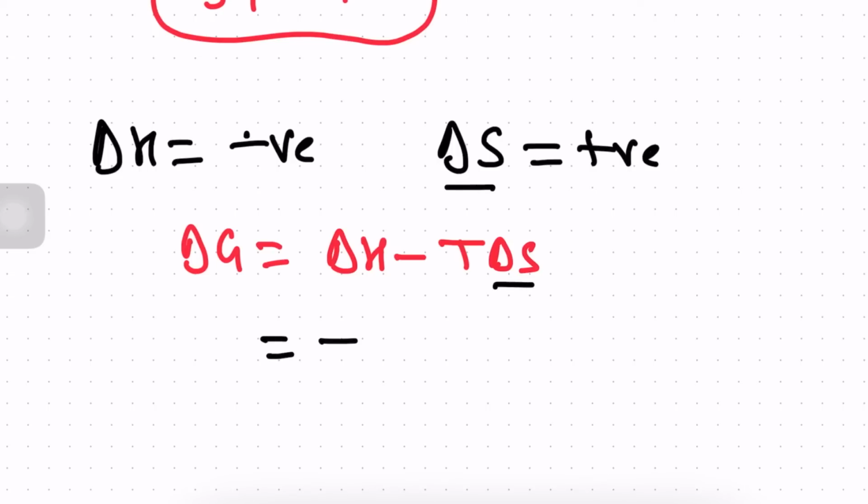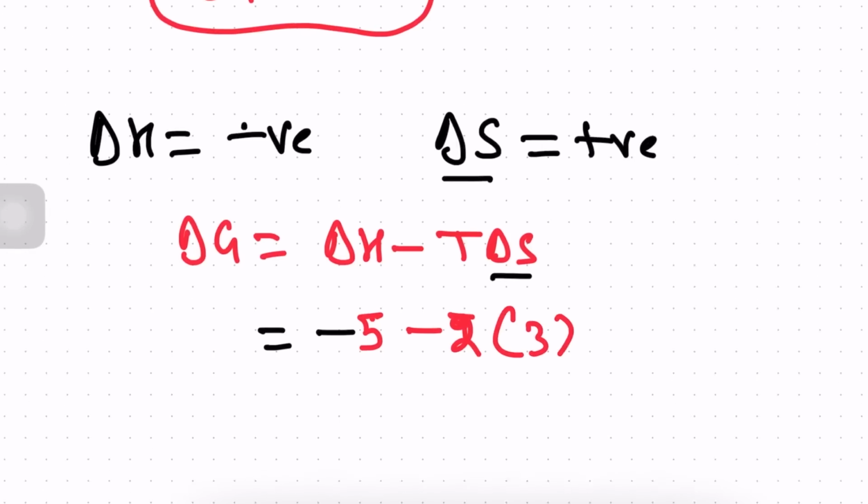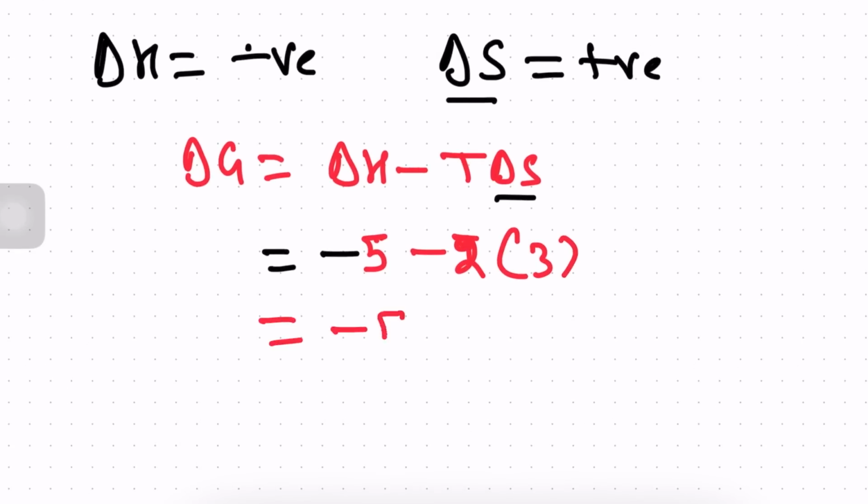Let's take minus 5. So this is minus 5 minus T delta S. Here this is T, let's suppose we take 2. Delta S we take a positive value. So minus 5 minus 6 will come out minus 11.